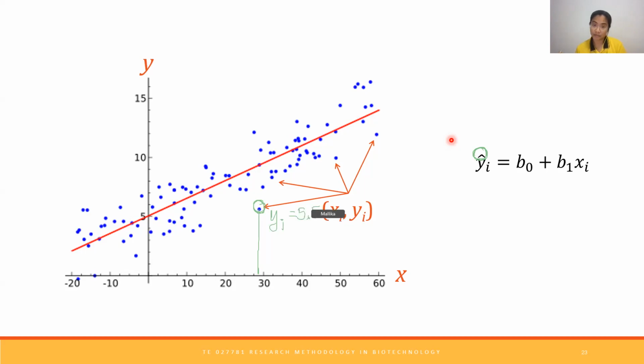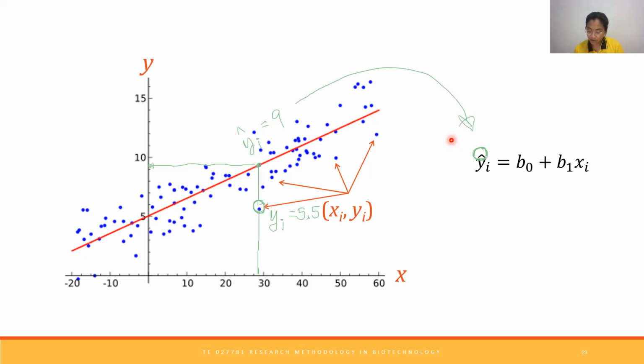But the predicted value from the equation is actually about 9. So your yi hat is 9, and it is the calculated value using this equation.